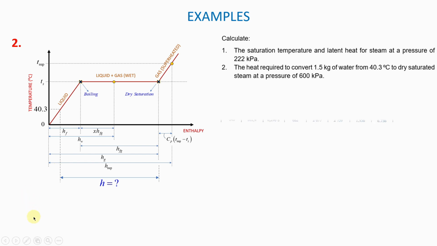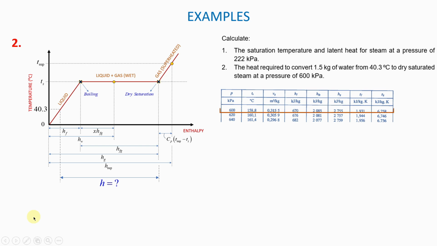And so from the table, when you have 600 kilopascals, okay, you can read the value for Hg. At 600 kilopascals, Hg is equal to 2,755 kilojoules per kg. That is the value for Hg at 600 kilopascals. But if you look at our graph here, you will see that this Hg, that's the heat that you need to take it from 0 to dry saturation.